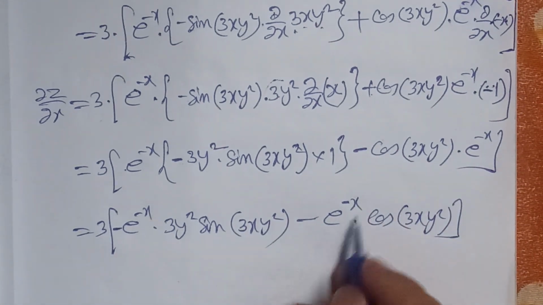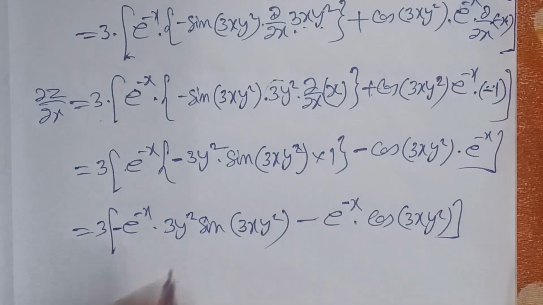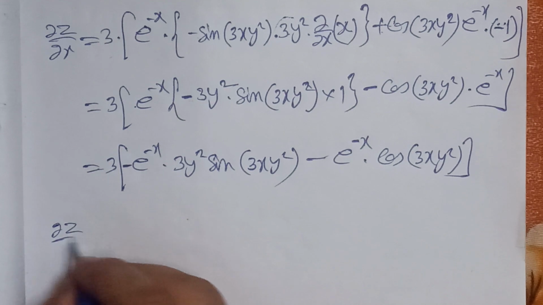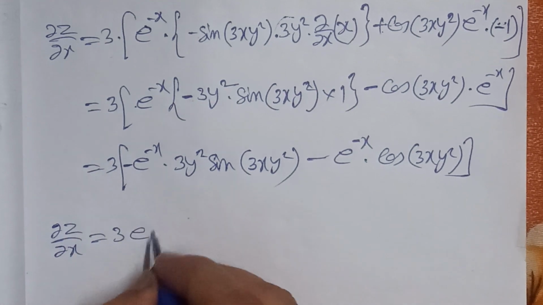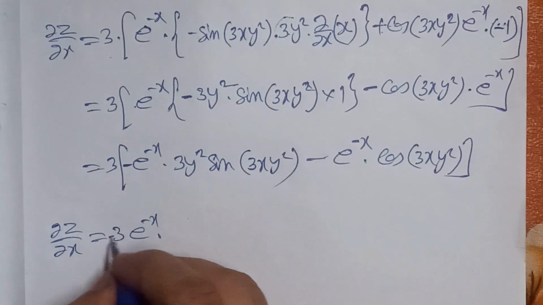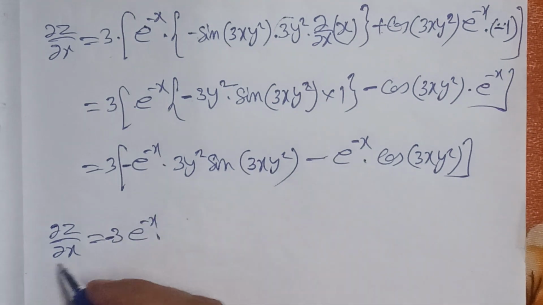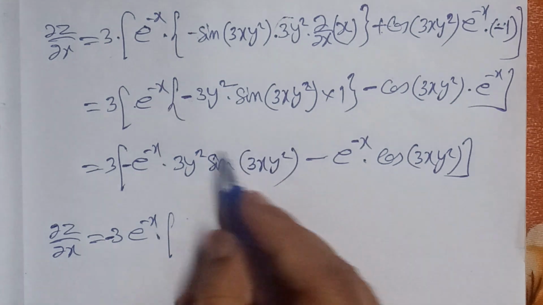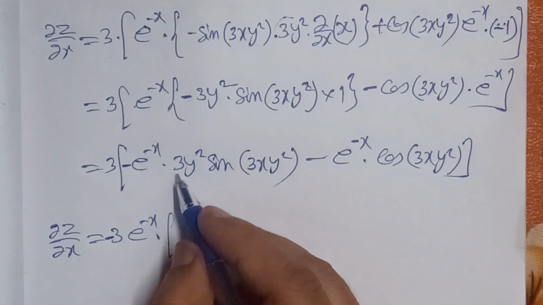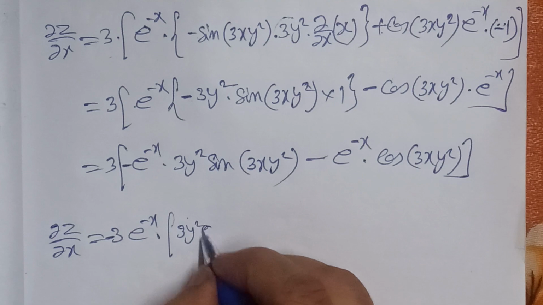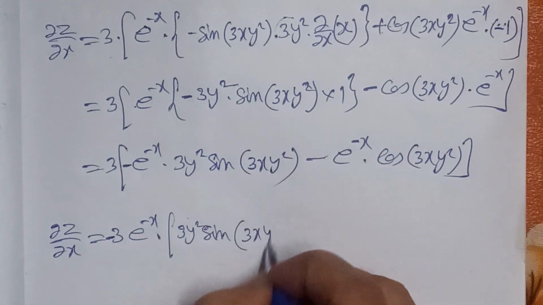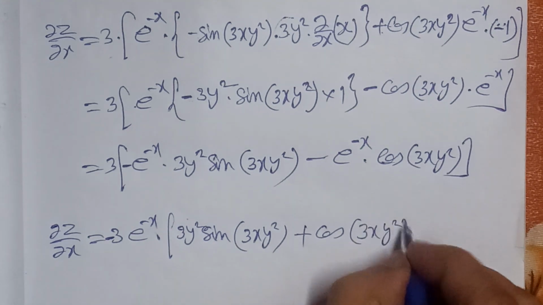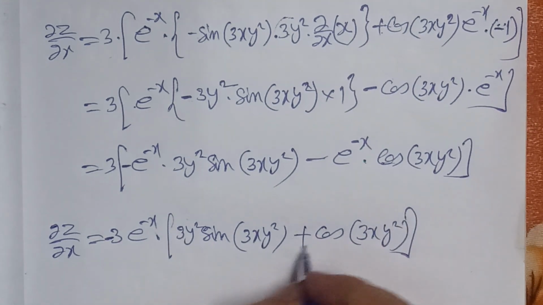You can take out minus e^(-x) from this bracket, and we get the value of ∂z/∂x as 3e^(-x), and you are also taking minus here, so these two values become positive in the bracket. We get two positive terms, 3y² sine of 3xy² plus cos(3xy²). The sign is positive.